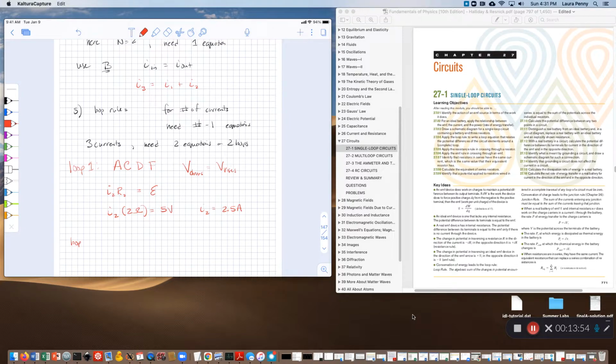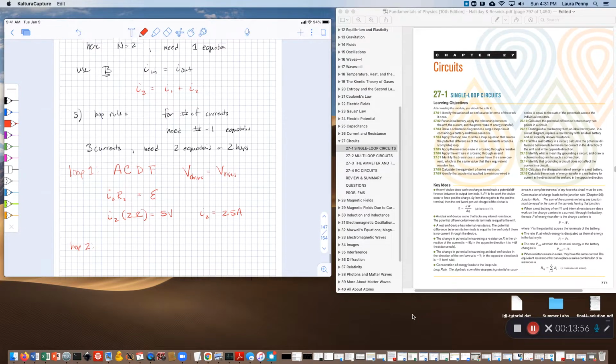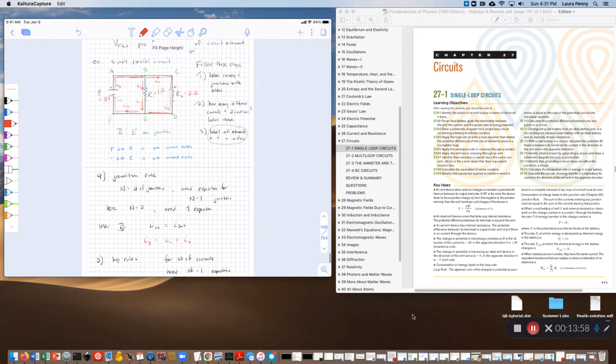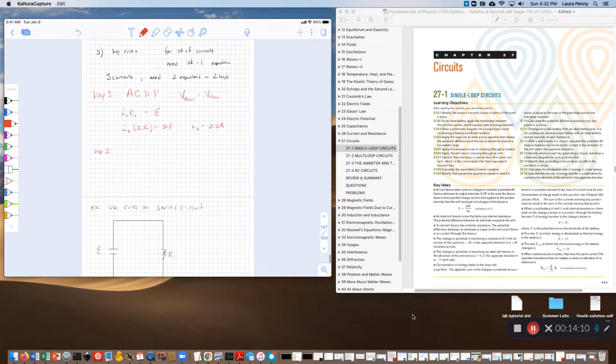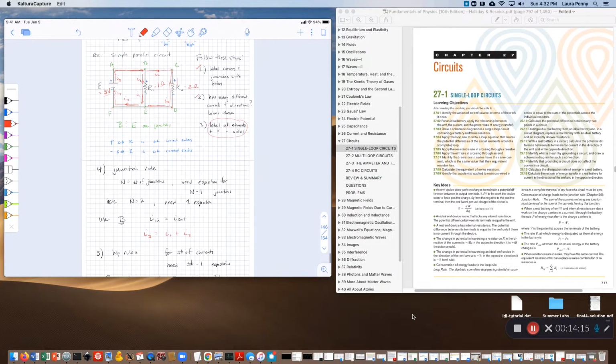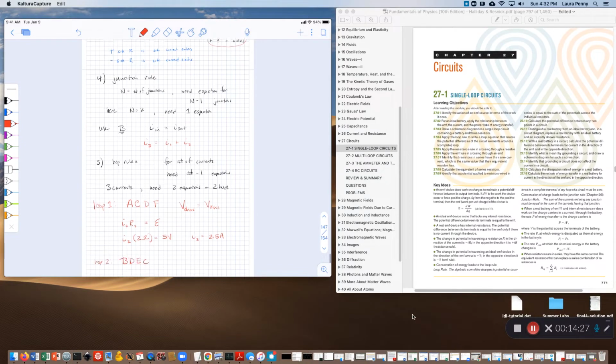I need to do another loop. I can do any loop I want here. I could do E, F, but I'm actually going to do something different. I'm going to do B, E, D, C. So now I'm going to go from B to E, and when I do B to E, I go over R1, and I'm moving from the positive side to the negative side, so that is a voltage drop.